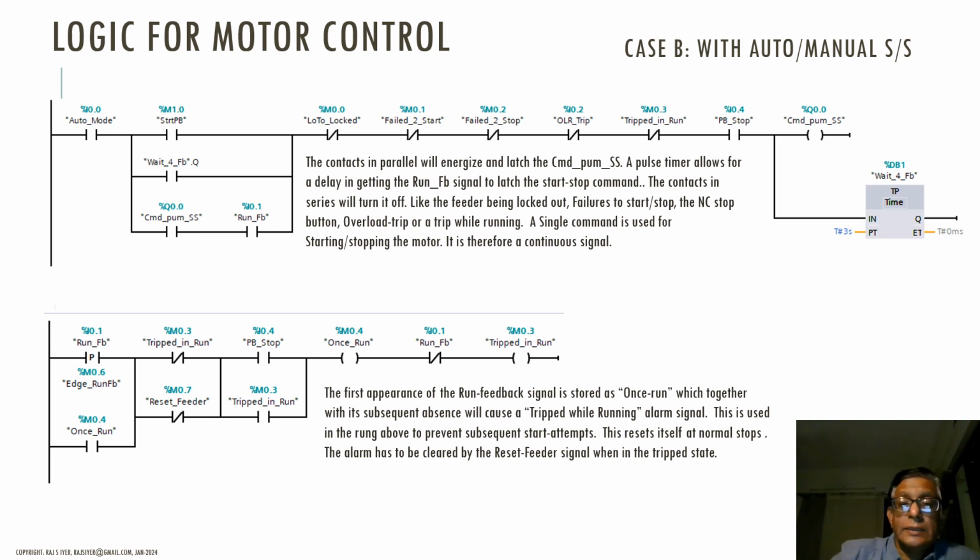The second rung is about getting a tripped in run signal. Why is the signal required? It may be on account of the overload trip itself, or due to some other mechanical issue, due to a burst of the pipeline, a belt failure or anything like that. Because as I told you, that run feedback is not necessarily from the contactor.